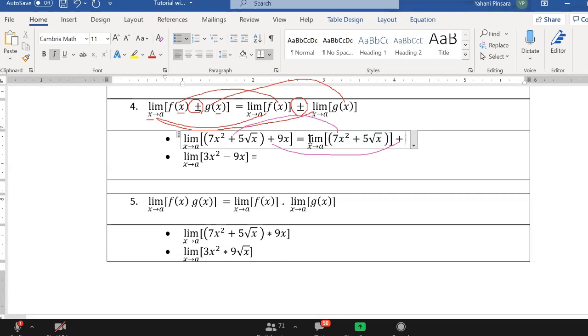Then you have to take this 9 next here with the limit. So keep in mind you have to take this 9 next with the limit.